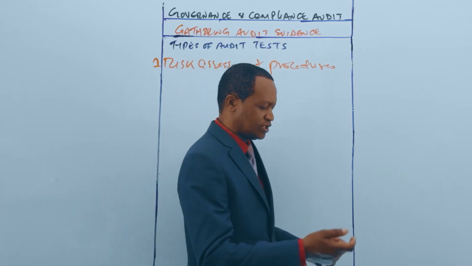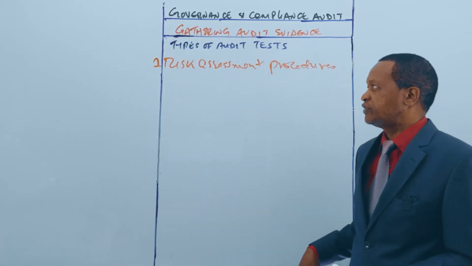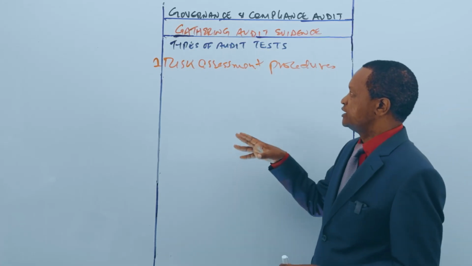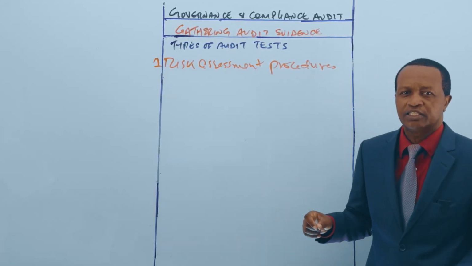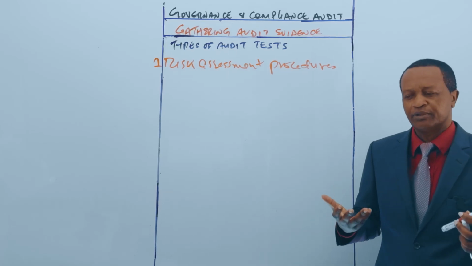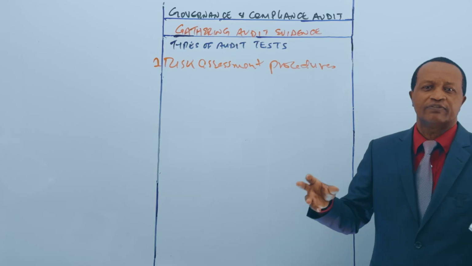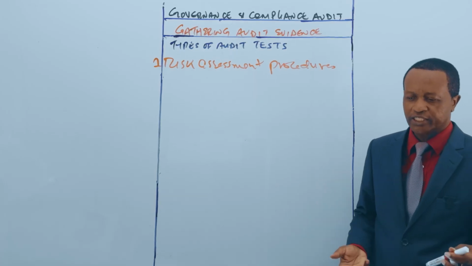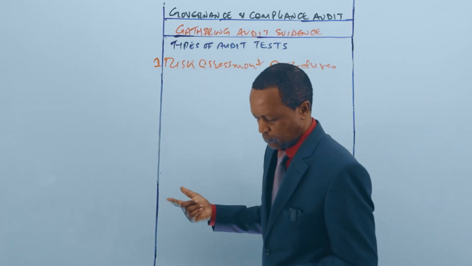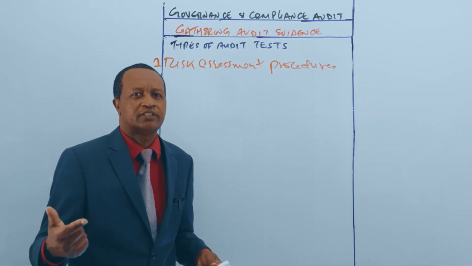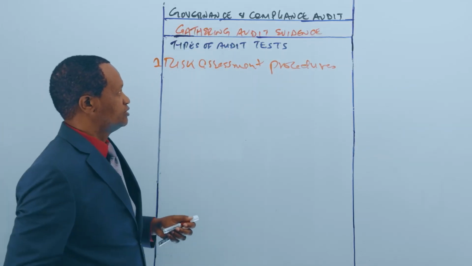When you are called upon to conduct a governance and compliance audit, at the beginning of the audit you have to carry out the risk assessment procedures, and the purpose is that you will be able to understand the organization and also its environment. The goal here is to identify where things could go wrong so that you know where to focus your energy.